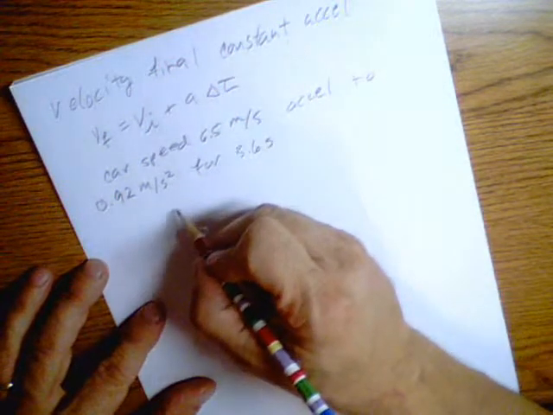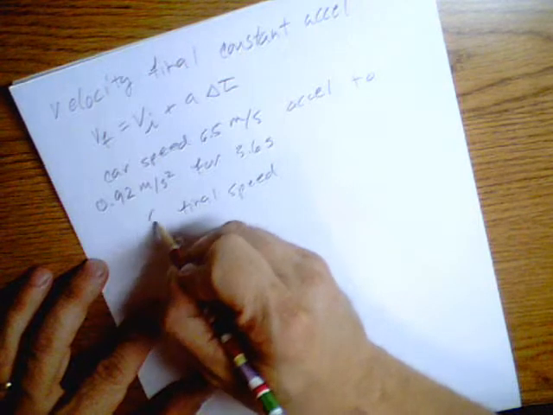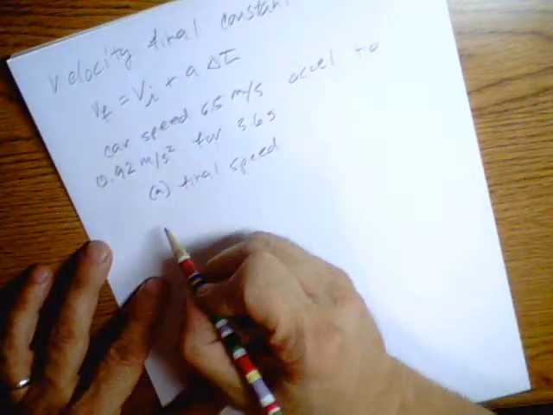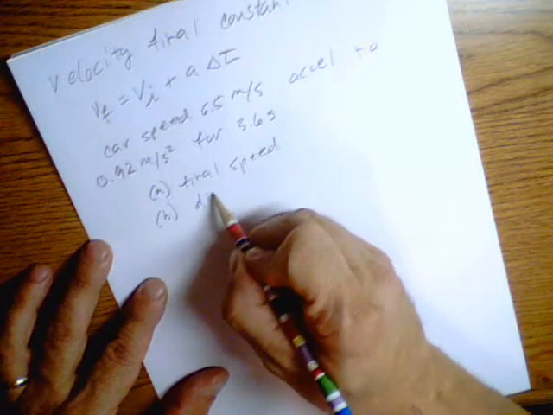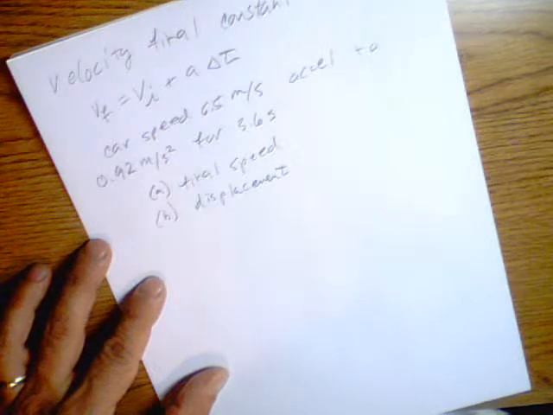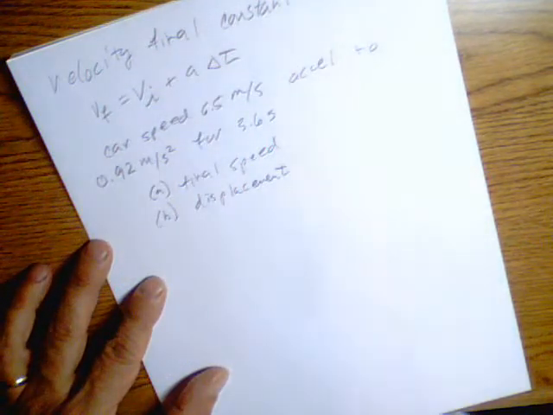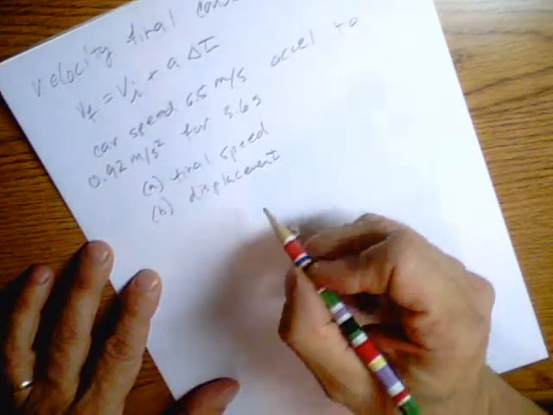Find two things. Find the final speed, and I'll just mark that as A, and we need to find the displacement. This is a practice problem on page 55. So you don't need to copy it down if you don't want to.